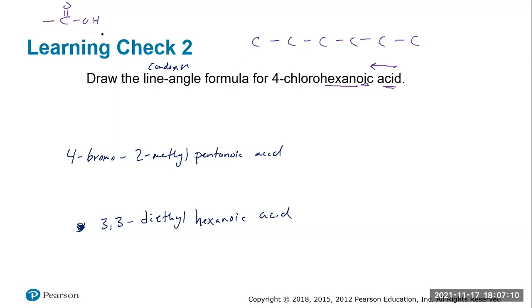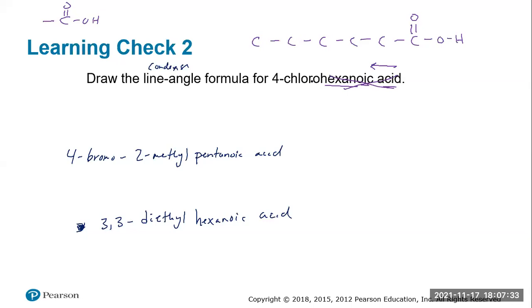Because it's a carboxylic acid, and because you are drawing it, you do have the option. We know it's going to end up at an end. You can put it on the left-hand side, or you can put it on the right-hand side. I personally am going to put it over here on the right-hand side. And there's our carboxylic acid group that has 6 carbons attached.